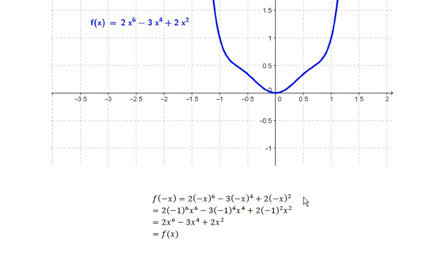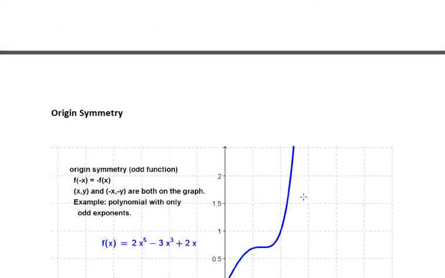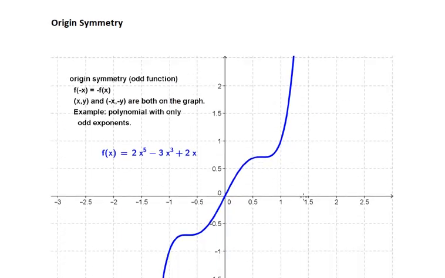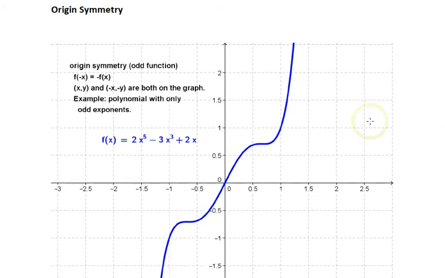Our next example is origin symmetry. Origin symmetry is such that if you take a point over here somewhere, its mirror goes over but then flips down, so that we in effect have a symmetry across the origin, somewhat like the propeller of an airplane.